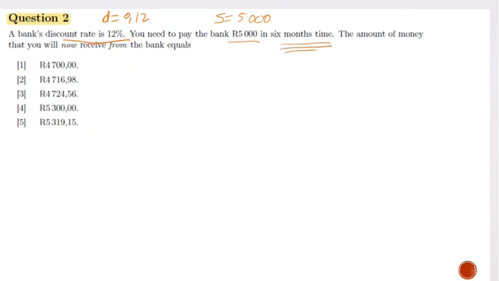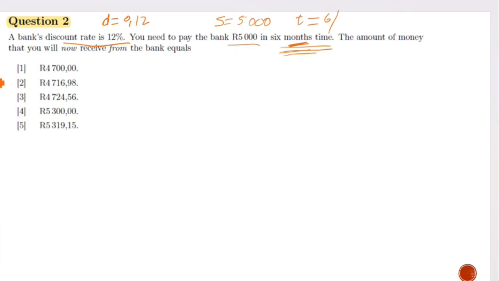Here is the time. Your time is less than a year, and it is in months. So your t is going to be 6/12. So the amount of money that you will receive now from the bank, you are asked to find your P.